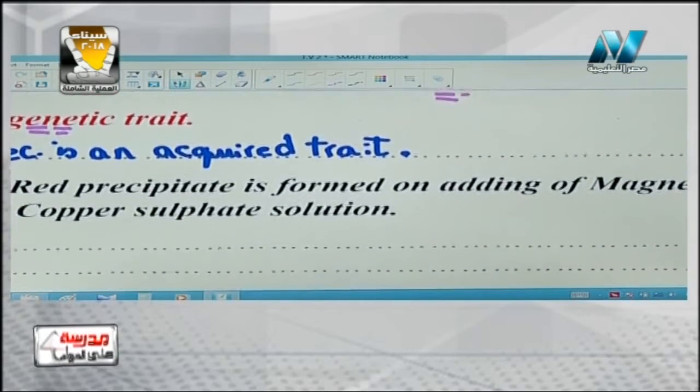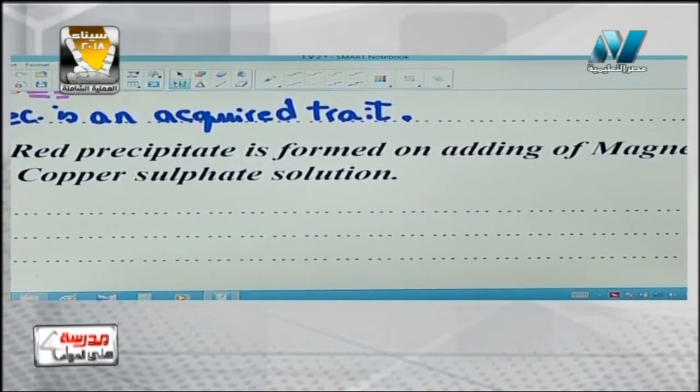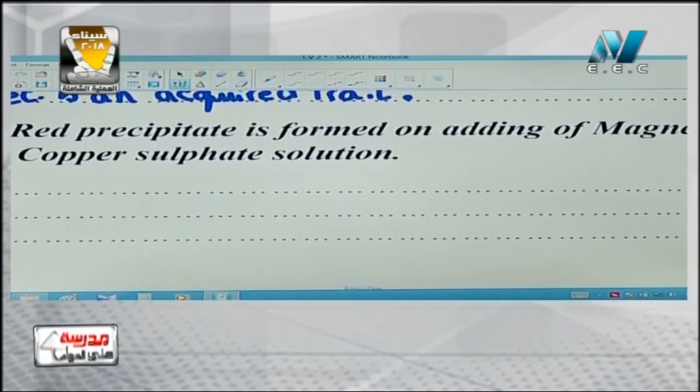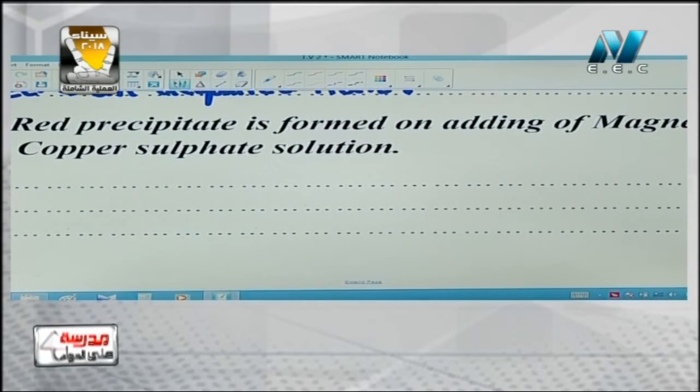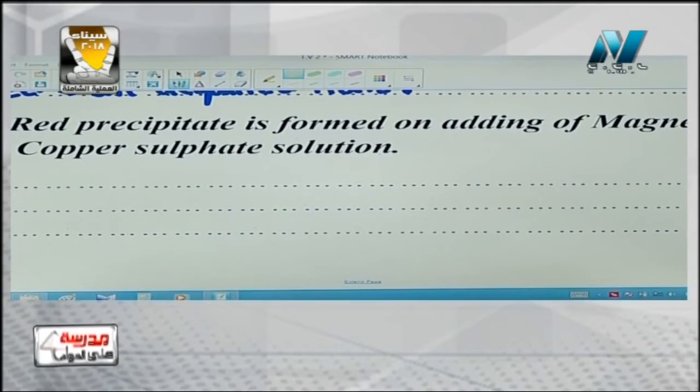Next question بيقول لي red precipitate is formed on adding magnesium to copper sulfate solution. Here we have many ways to answer this question as we have give reason for. ممكن اجاوبه بكذا طريقة. But here we can answer by using chemical equation. We prefer to answer this way, ان احنا نجاوب بالchemical equation أو بالchemical reaction.